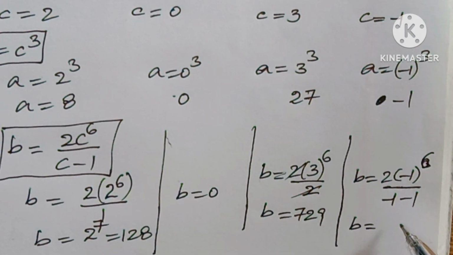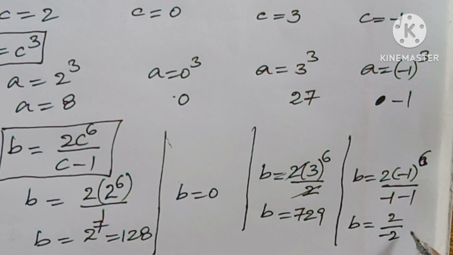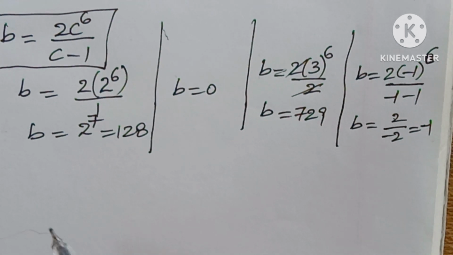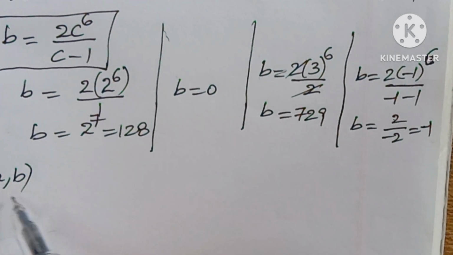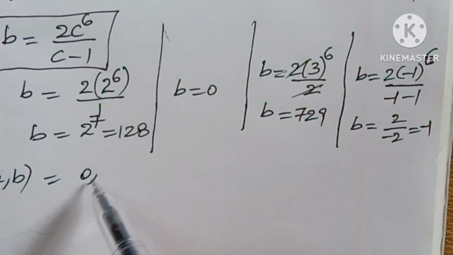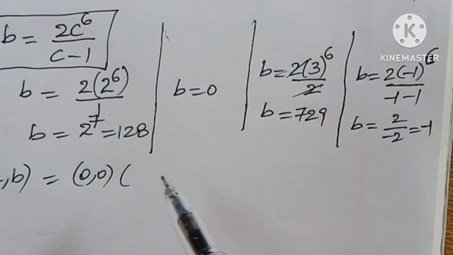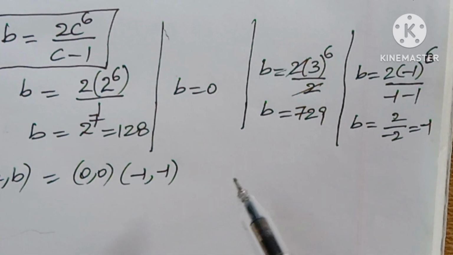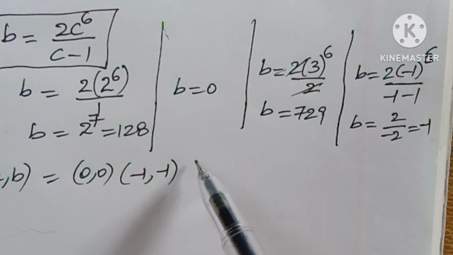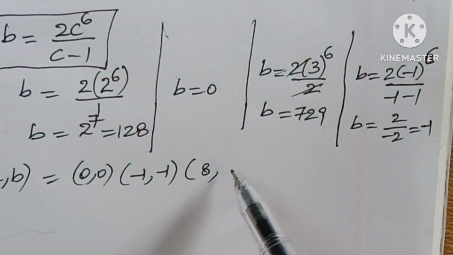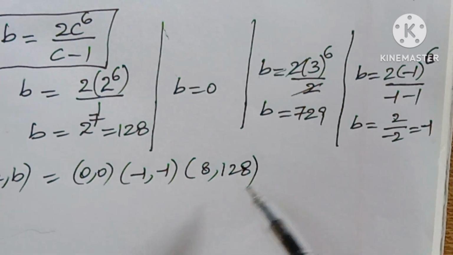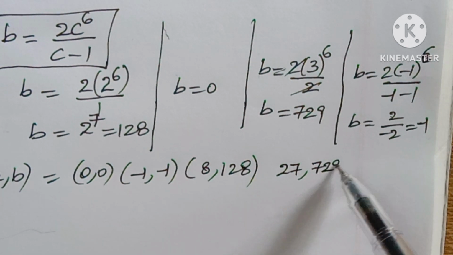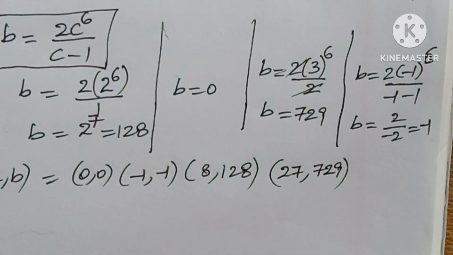So b will be 2 by minus 2, we will get minus 1. Now the possible values of (a, b) are (0, 0), (minus 1, minus 1), (8, 128), (27, 729). I hope you understood the video.